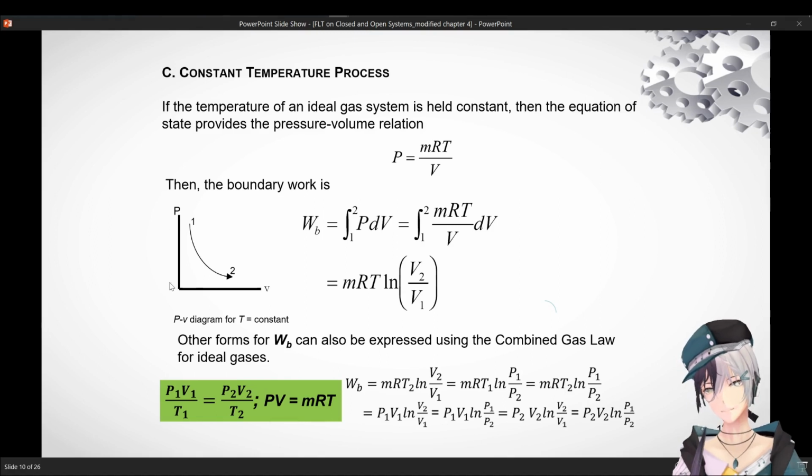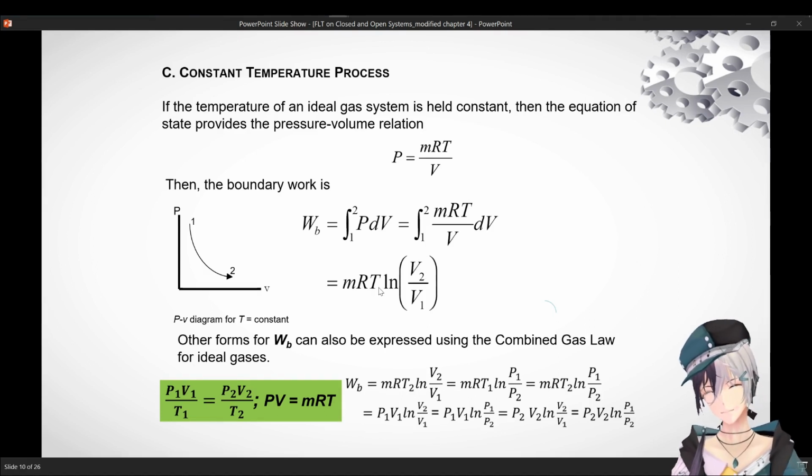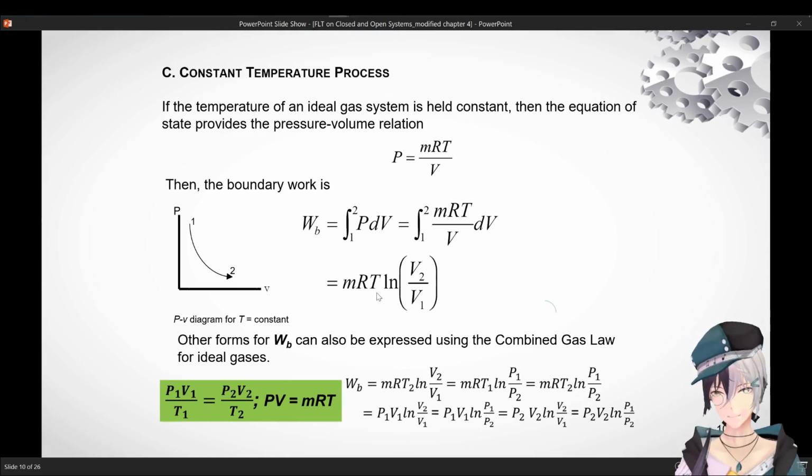It's a PV diagram for isothermal process. And boundary work is expressed as MRT ln of volume 2 over volume 1, considering that temperature is constant, so this can be temperature 1 or temperature 2.